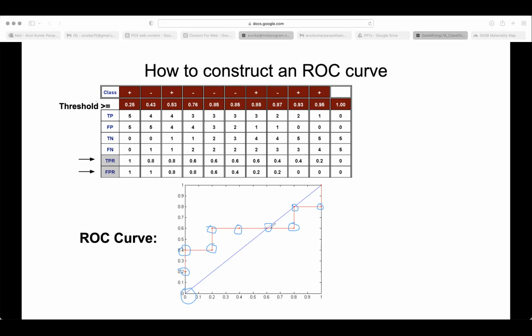What is that package? Has anybody used this ROC curve? For the confusion matrix, which package will give you some measures, right? They are called classification measures or something. If you import that, then you'll get the confusion matrix. Similarly, there is something you need to import. From that import, if you give just prediction values, it may not give you the curve directly, because if you predict classes, you won't get the ROC curves.